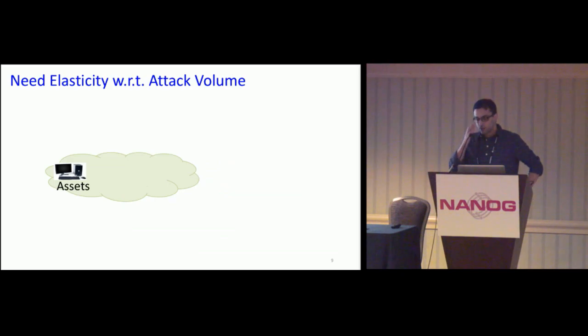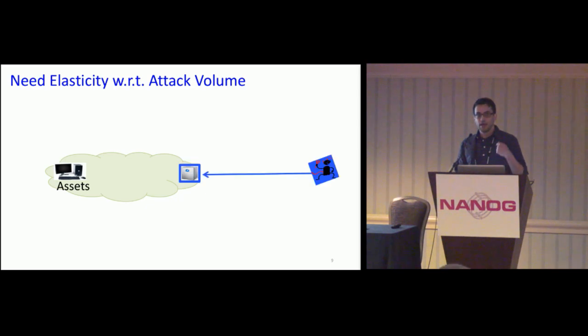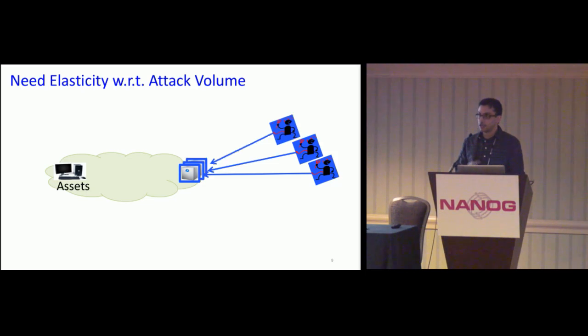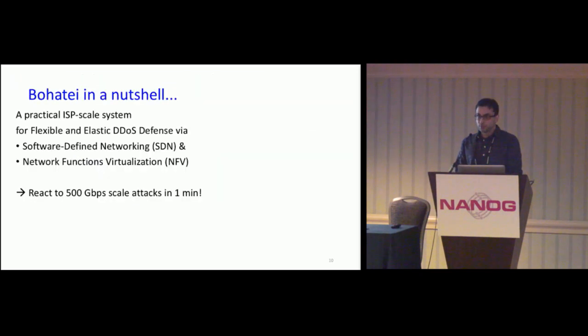And finally, we want to have elasticity with respect to attack volume, meaning that I would like to be able to naturally increase my defense capacity as the attack volume increases, and I want to do so elastically. And that is what we achieve using our system called Bohate.